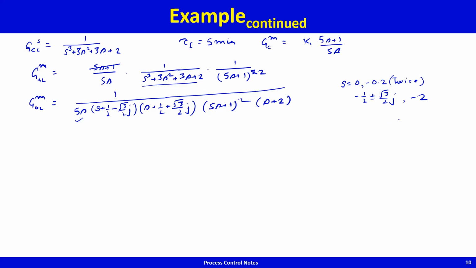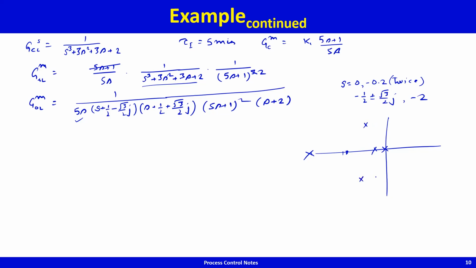If I plot these roots on the pole zero map, I've got this one at the origin, then minus 1, minus 2, minus 0.2 would be somewhere here, so there's a pole here, and at minus half plus square root 3 by 2 somewhere over here, and its complex conjugate.